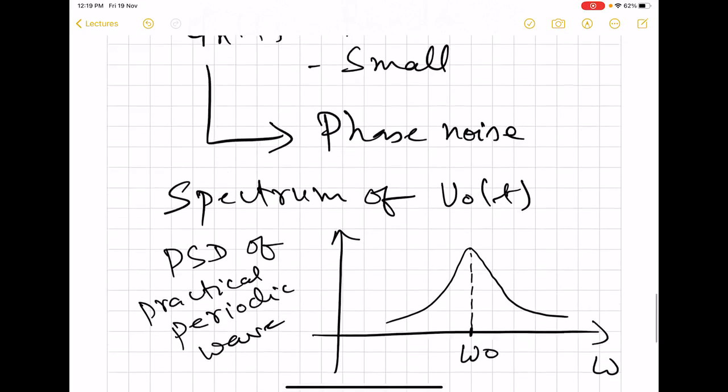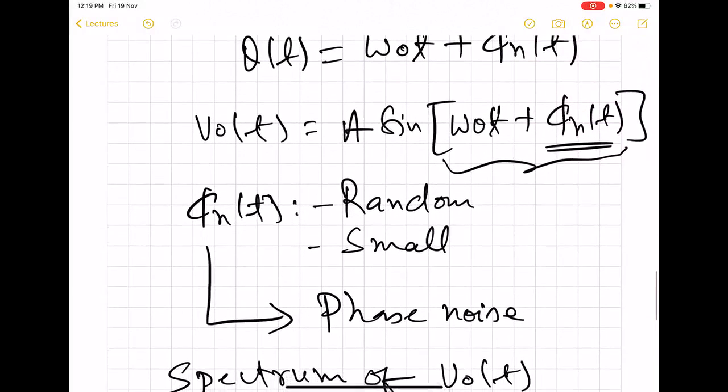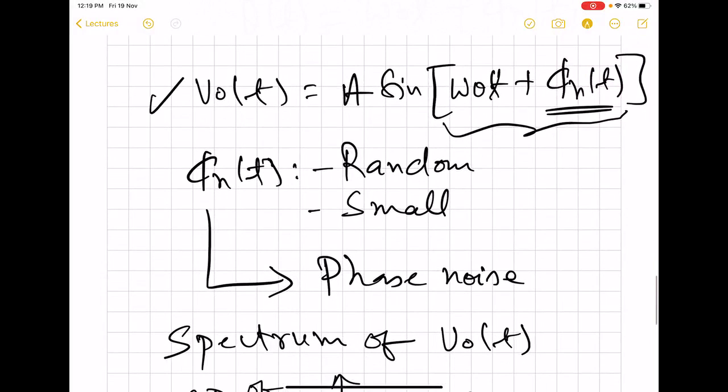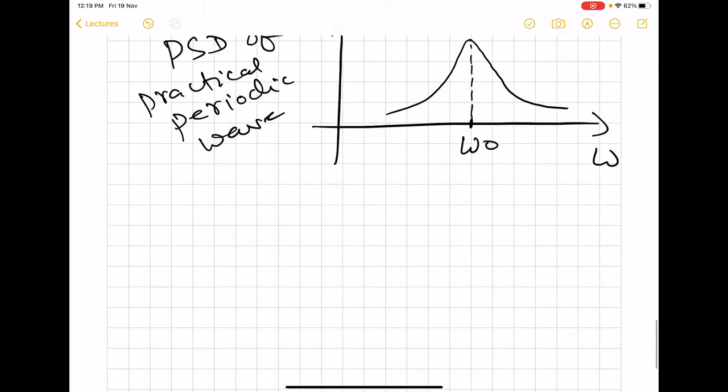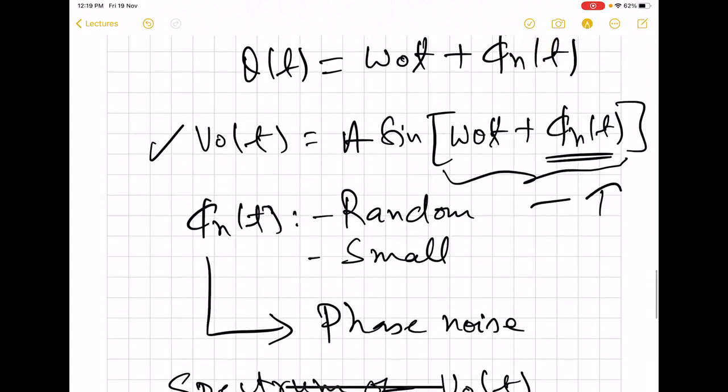And we can get some idea why it should be something like this from this expression. So here, when we expand that expression, let us say this is equation number 1.